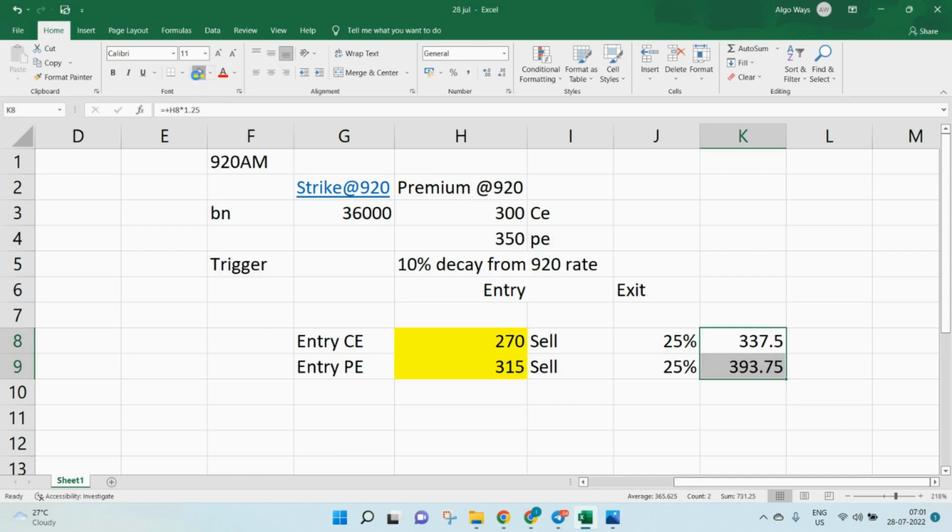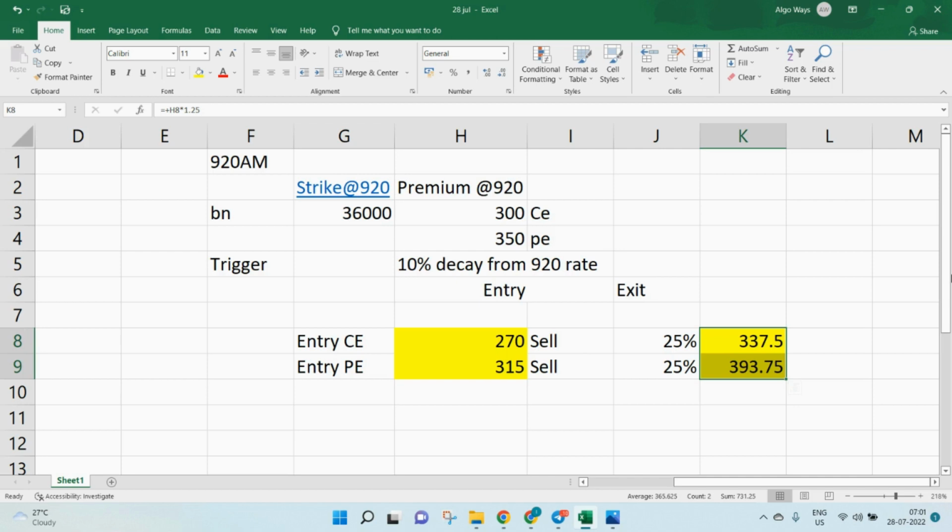You need to remember one thing here, that if we get an entry in CE, it is not necessary that we will get the entry in PE also at the same time or later. Maybe we can have an exit in CE and then may get an entry in PE, or in this particular case of 25% stop loss, it may so happen that our CE entry has come and then the market moves up and then PE entry also comes before CE hitting the stop loss of 25%.